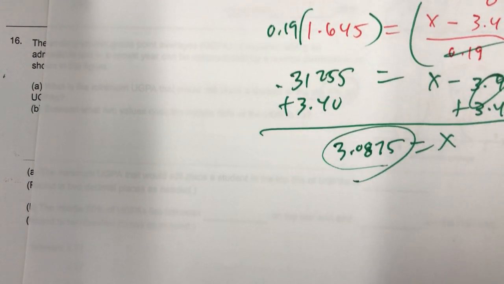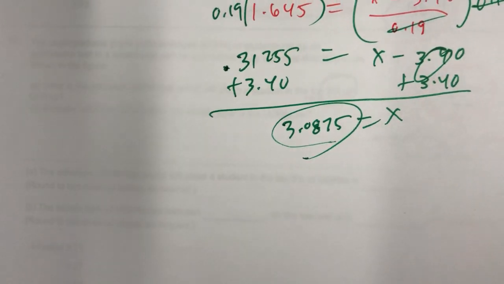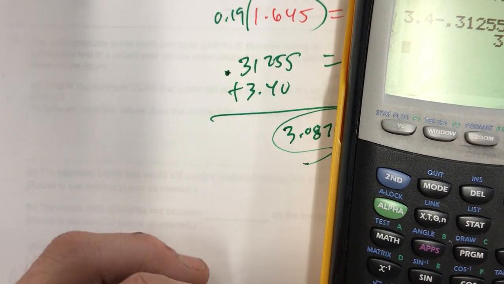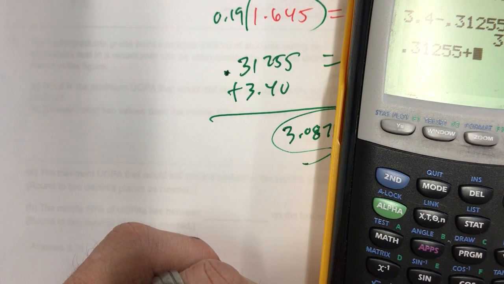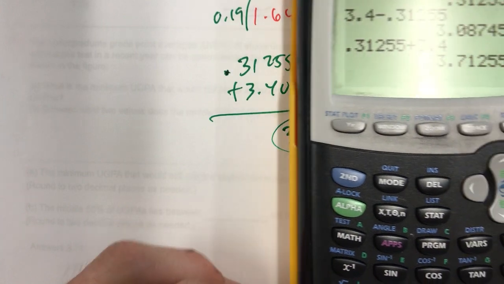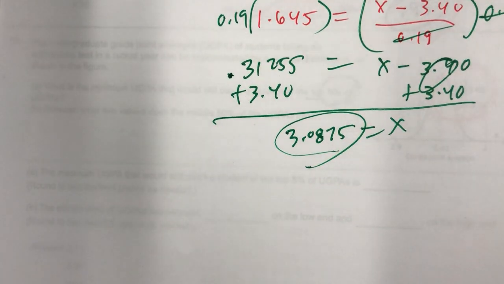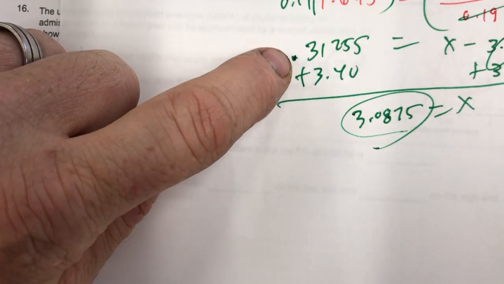Oh, I thought that was a negative, so I subtracted. I need to add them, so that's where I messed up. I'm sorry. So it's 0.31255 plus 3.4, and there it is, 3.712. So 3.71, that's where we're supposed to be. I thought it was a negative, but it's a decimal.